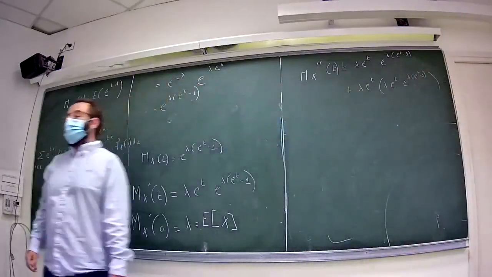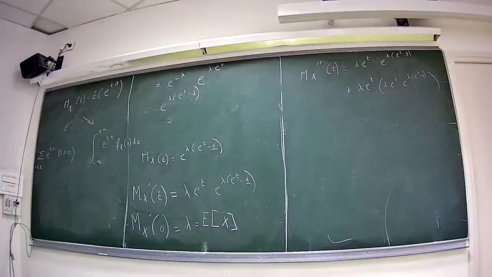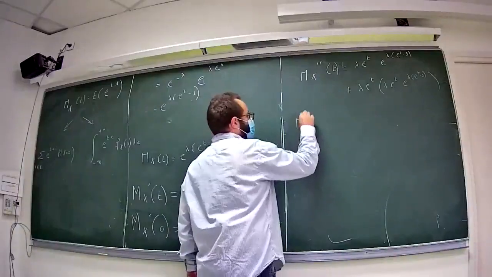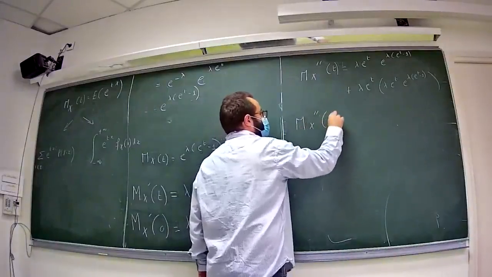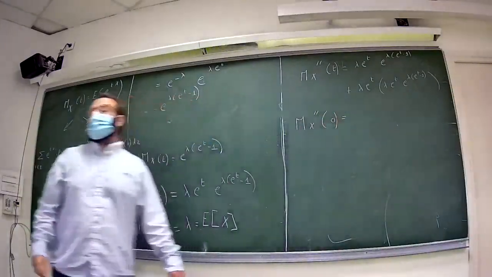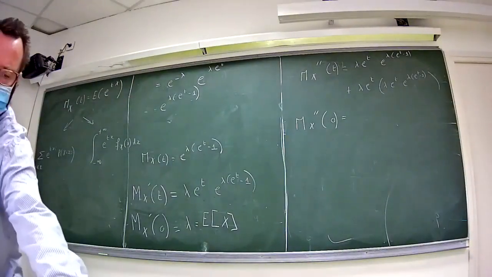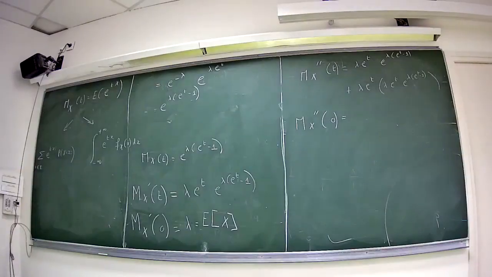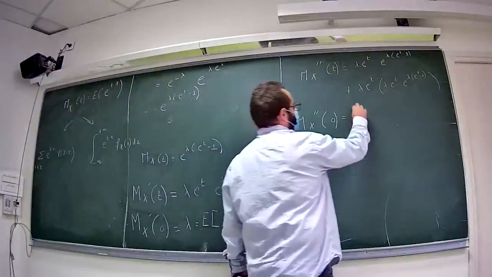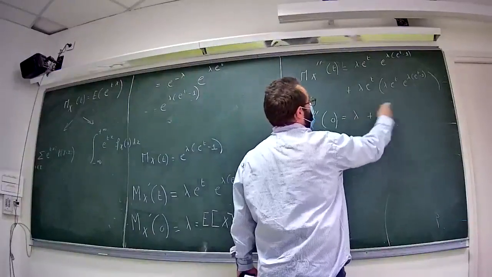It's just a basic computation of derivatives. What do I obtain for t equal to 0? The first is lambda, plus lambda square.